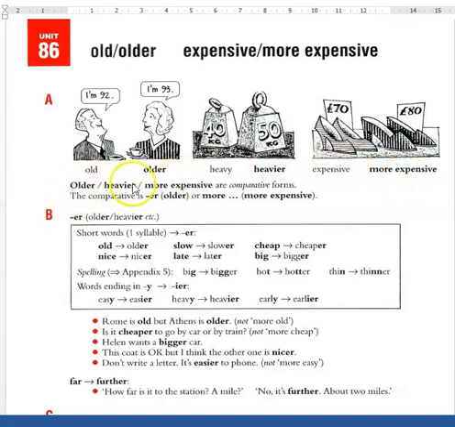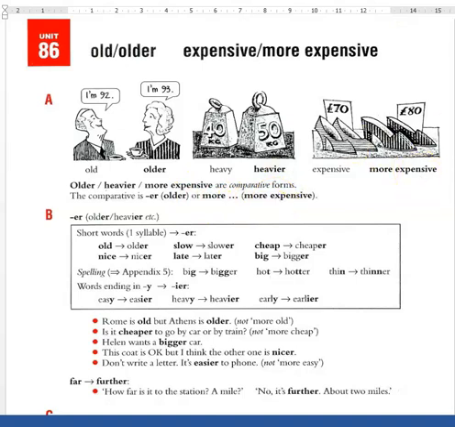So it's that older, heavier, more expensive are comparative forms. Okay, so these are the comparative. The comparative is ER, older, or more, as in more expensive.